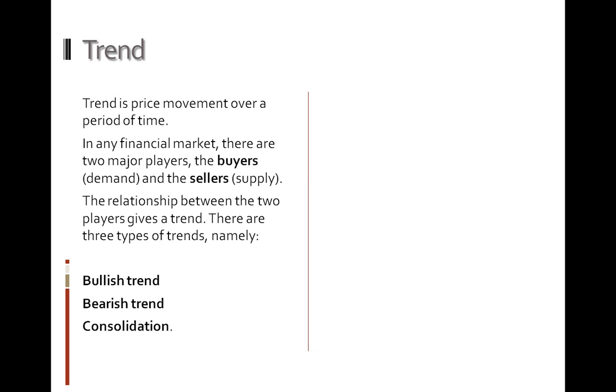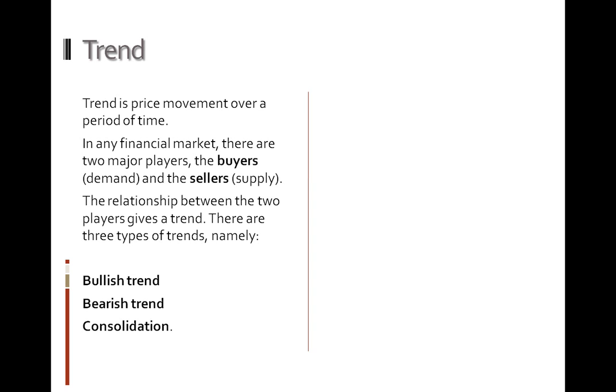Any open and closed market is governed and ruled by the buyers and sellers. Without buyers and sellers, there won't be any trend, and there won't be any markets. So the buyers and the sellers dictate the pace in the market. The relationship between the two players gives what is known as a trend.